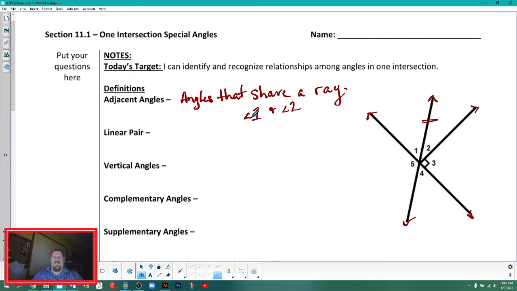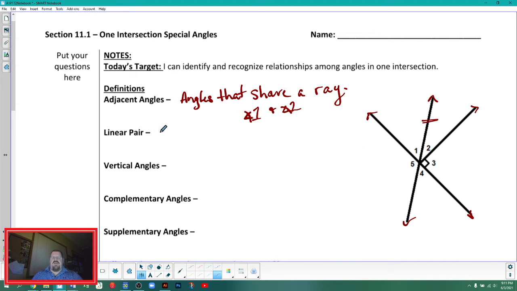This little symbol that looks like a less than, it's supposed to have a flatter bottom than a less than symbol, is our notation for angle. You might also see it with a little arc drawn in the angle as well. That's another variation. Neither one is better than the other. It's just how you prefer to see it or show it.